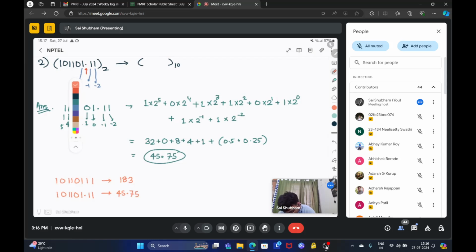If you look closely, the decimal point has shifted by two places. When it shifts by one place, a division by two happens. Since it has shifted by two places, there is a division by 4.